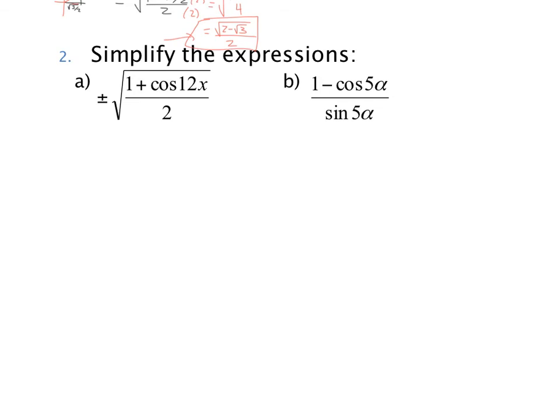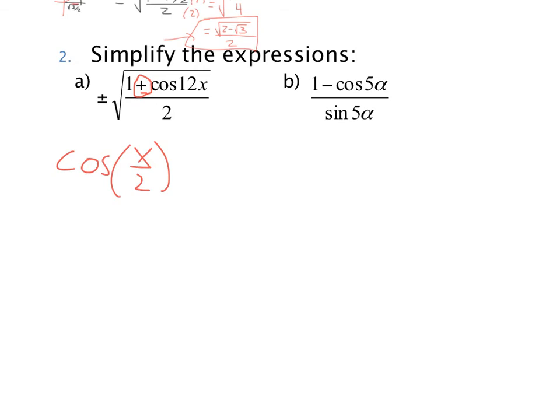Okay. So I noticed that this is square root of 1 plus cosine of 12x over 2. So that tells me that I'm going to be using cosine because of that plus. If we look at those formulas that we have, the 1 plus cosine one was cosine of x over 2.